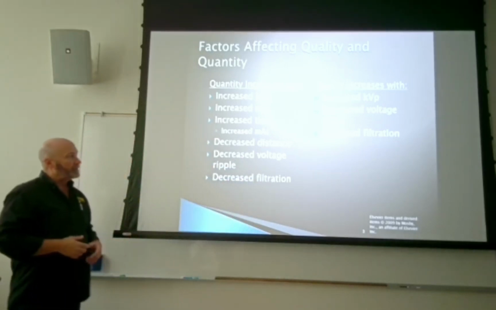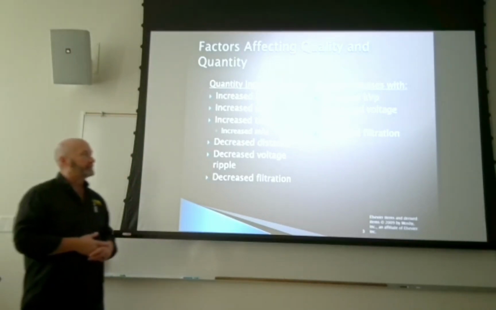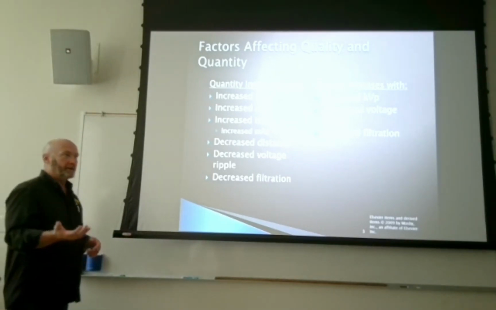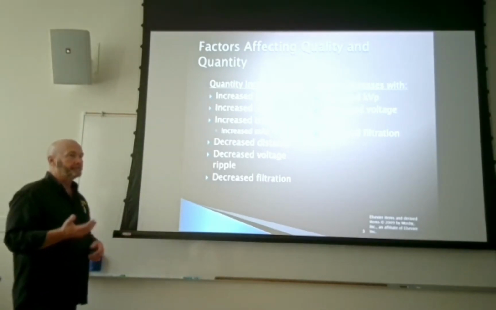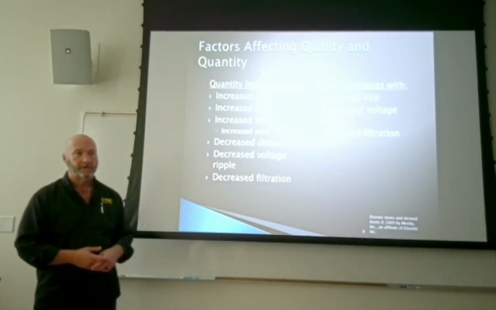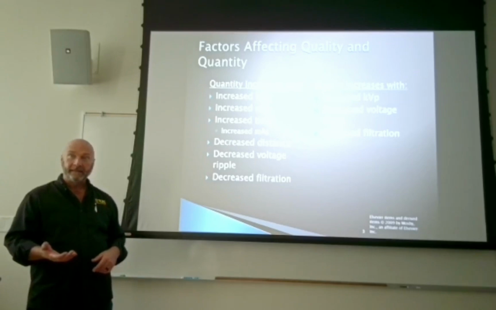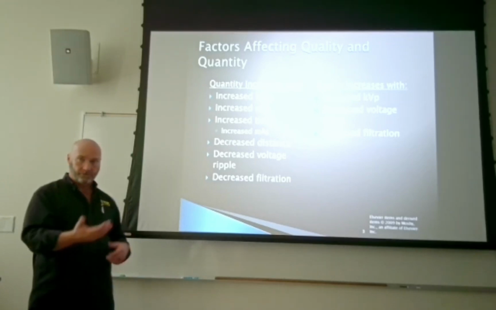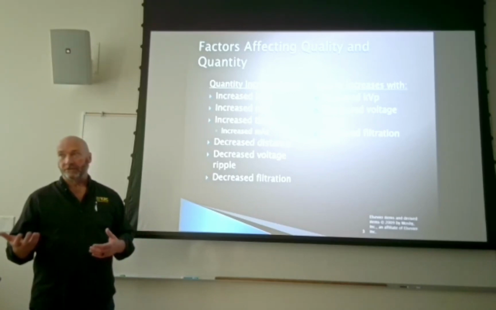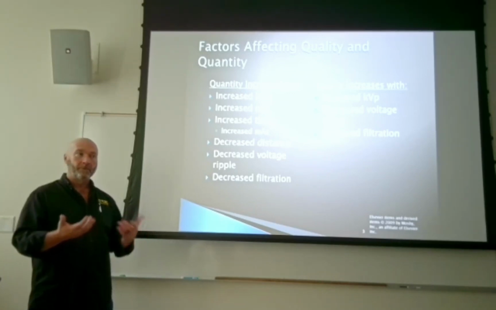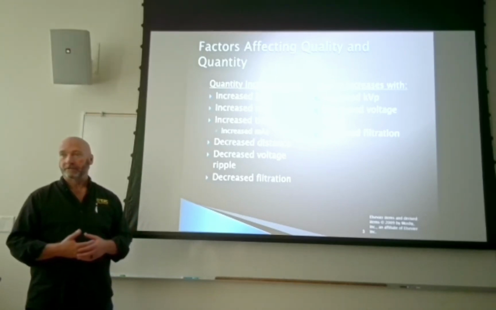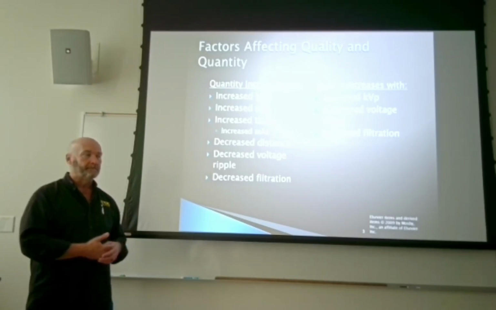So, increased distance. Okay, what distance are we talking about? Make sure that you pay attention on your test question. If it's asking for an increase in distance, what kind of distance are we talking about? If we're talking about SID, then as we increase distance and we don't change anything else, our output doesn't change, right? Our output doesn't change as we increase SID unless we change something else. Our output remains the same.